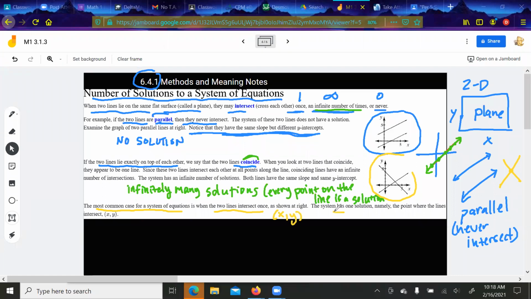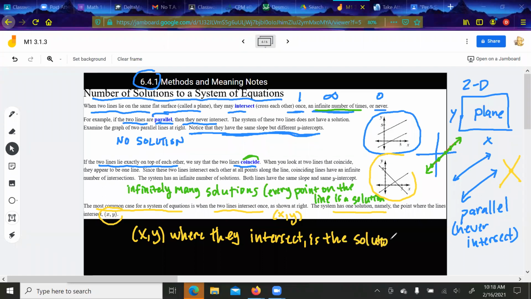So this system has one solution, namely (x, y) where they intersect. Hopefully you wrote down this system only has one solution. That's really important. One solution.